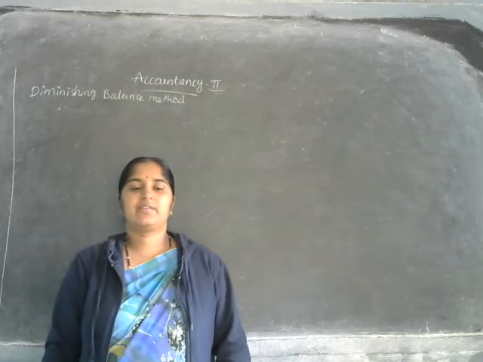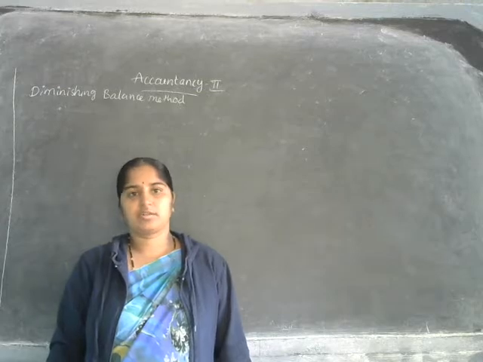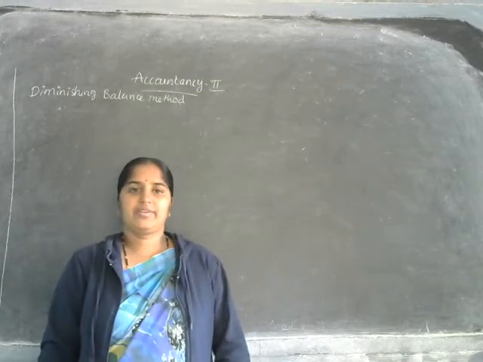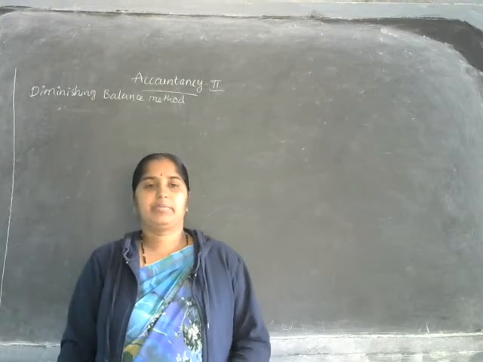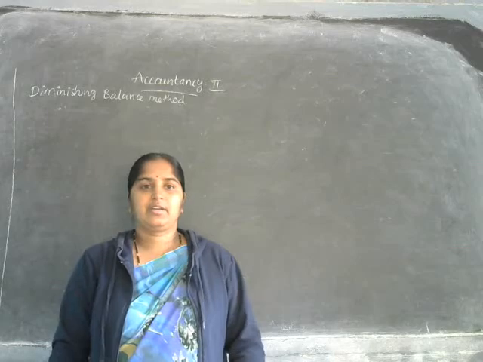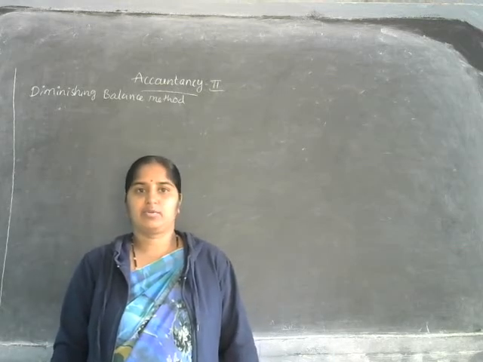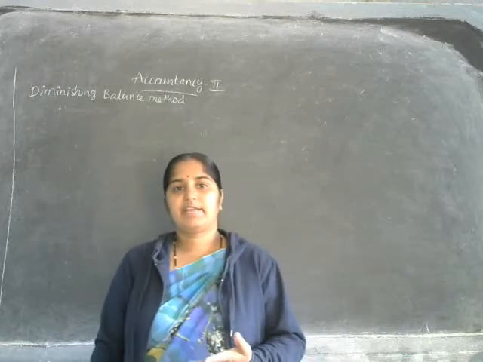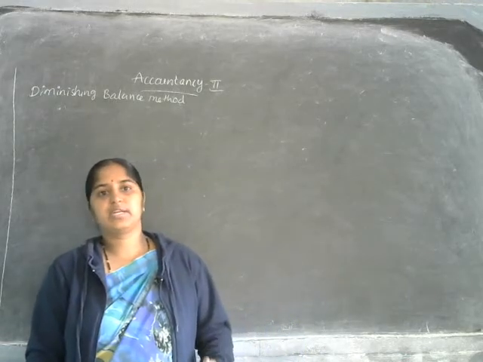In the first year, we calculate the depreciation on the cost of the asset, and we get the depreciation value. The depreciation we write on the credit side. After that we calculate the balance amount, so the balance carried down will appear on the credit side. The same value we bring down to the second year.